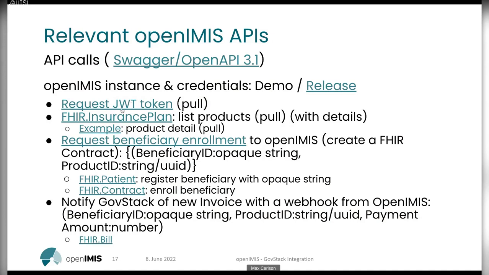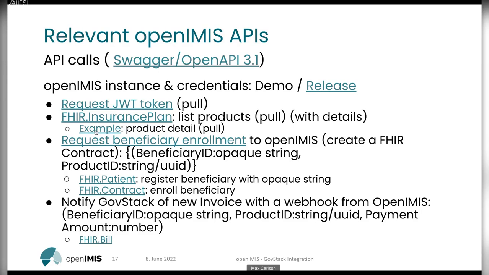So it's going to be quite a bit less granular and a bit more task oriented. There will be a single open API or Swagger API call you can make to request a beneficiary enrollment. It'll just be a single API call, and it'll take care of automatically registering the patient if one doesn't exist, looking up the patient if they do, upserting the patient, and then binding them to that contract if they aren't already. So it'll be one step from the GovStack side.